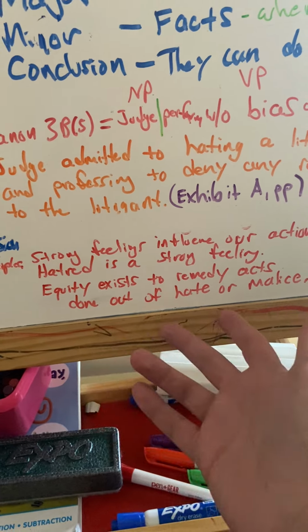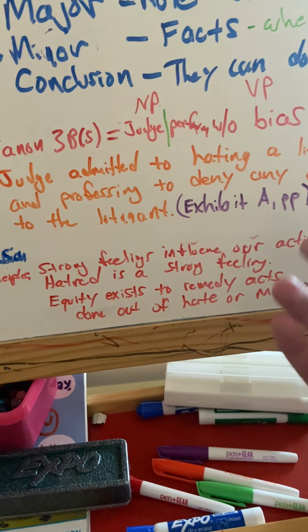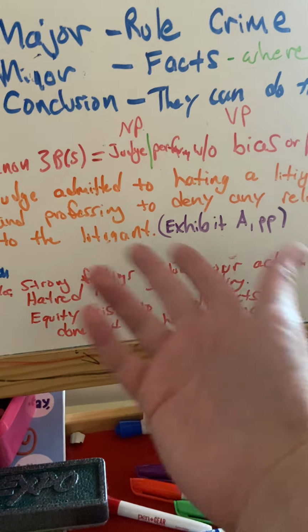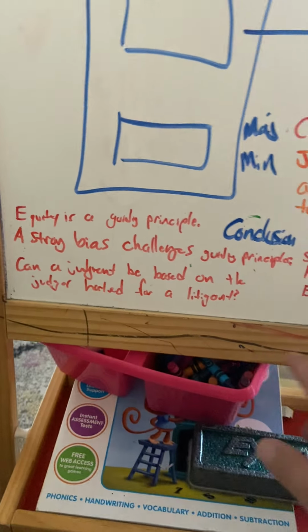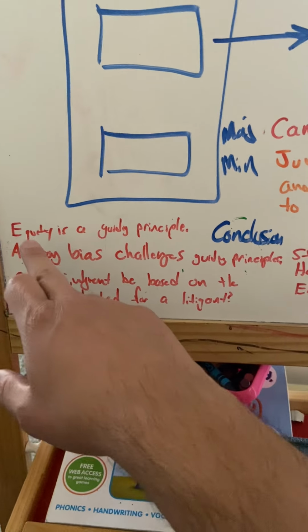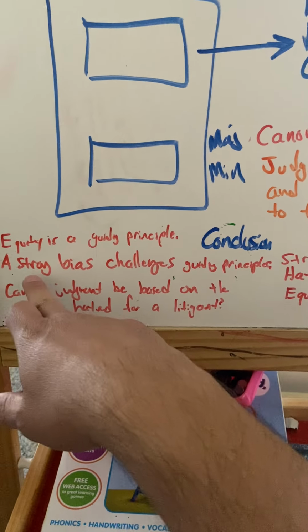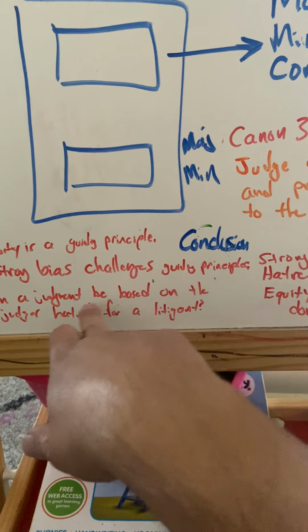So here I'm bringing up equity because equity affects everything. That's the reason why there's no bias or prejudice: it comes from an equitable principle. Next, I say, equity is a guiding principle. A strong bias challenges guiding principles.